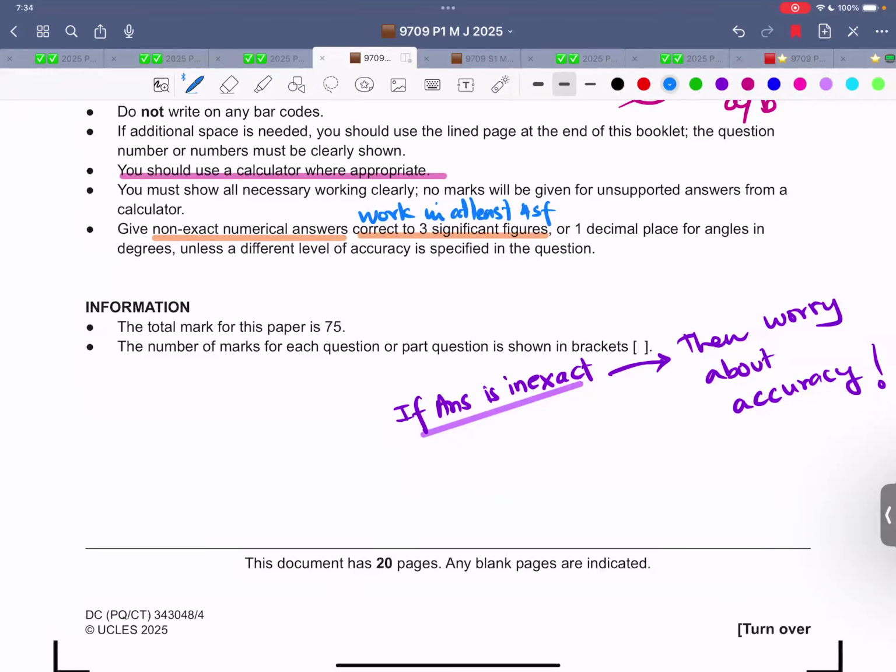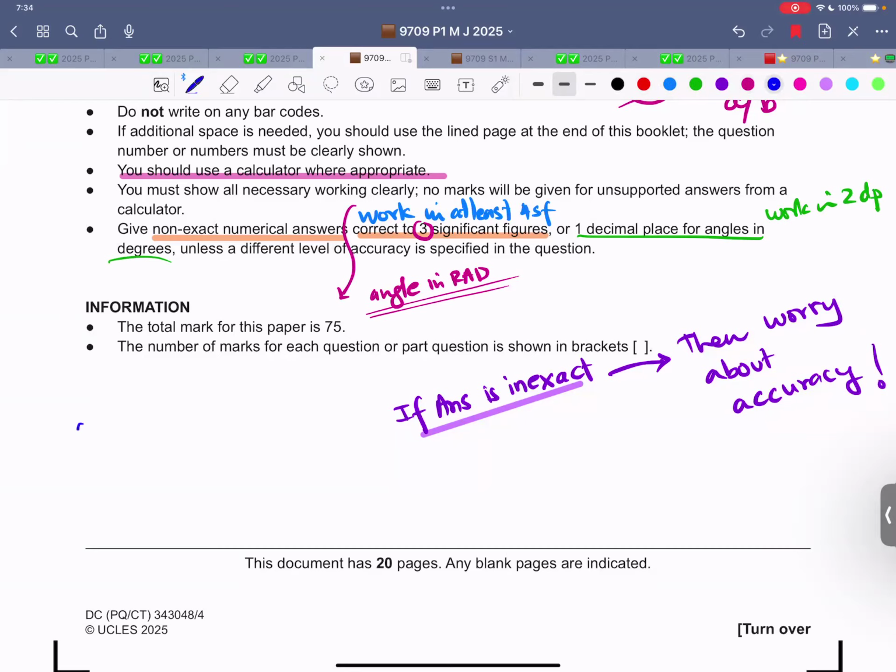Or what is the other thing? That is 1 decimal place for angle in degrees. That means work in 2 decimal places. And what about angle in radians? Angle in radians also falls into this category of 3 significant figures.